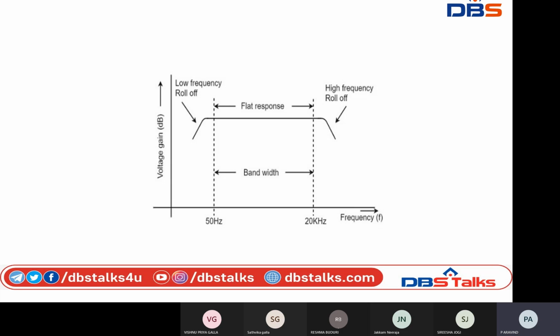Here the reduced voltage gain causes the base current to increase, which may result in a decrease in the current amplification factor beta.